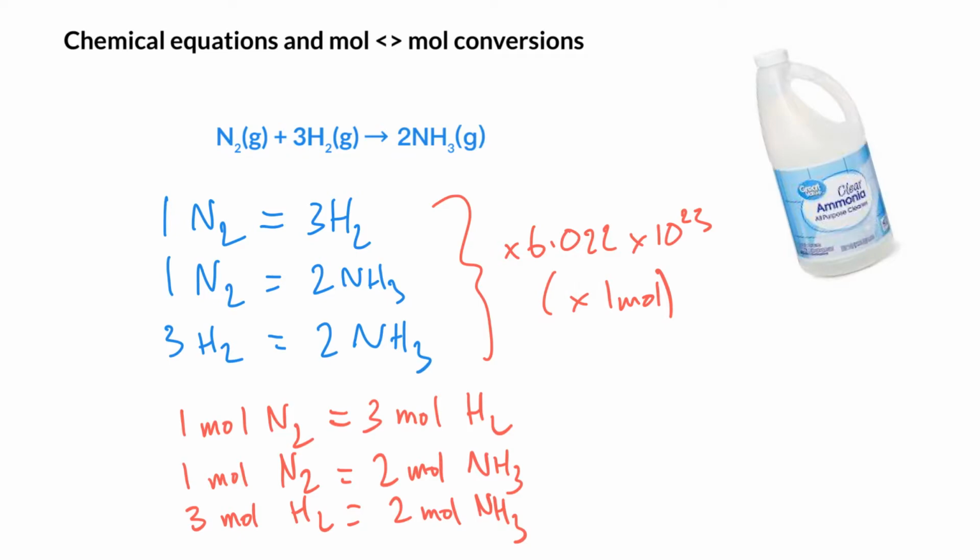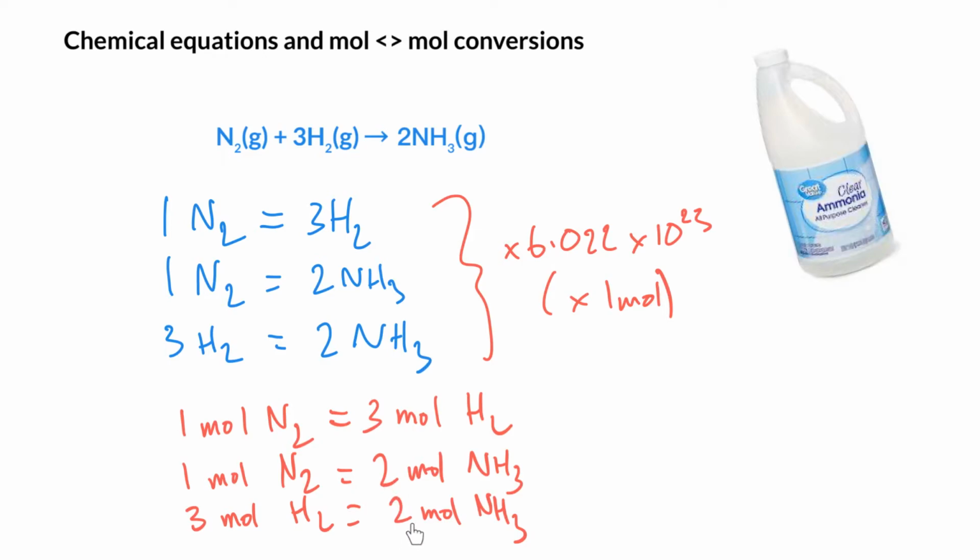So I always like to think of it, you basically just point your finger, and the finger is the coefficient. In the conversions below, that 1 nitrogen shows up as 1 mole of nitrogen here and here. And that 3 hydrogens shows up as 3 moles of hydrogen here, and there it is, the other one. And that 2 moles of ammonia shows up as 2 moles of ammonia here and here.